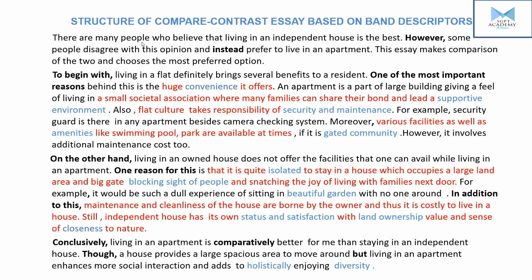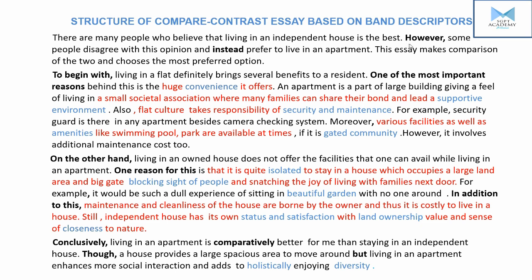There are many people who believe that living in an independent house is the best. However, some people disagree with this opinion and instead prefer to live in an apartment. This essay makes comparison of the two and chooses the most preferred option. So here you see that this is an introductory paragraph, and the first two sentences are the paraphrasing of the topic.